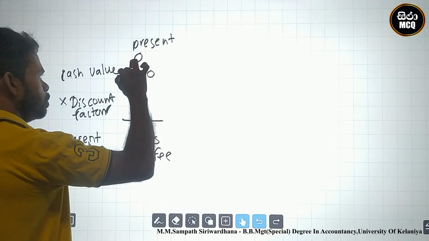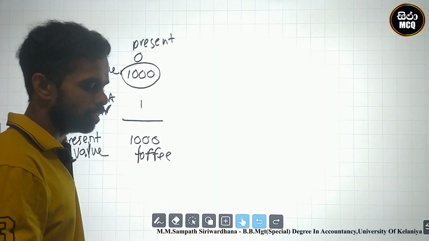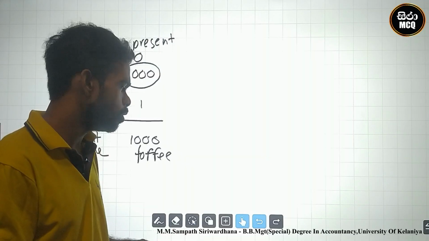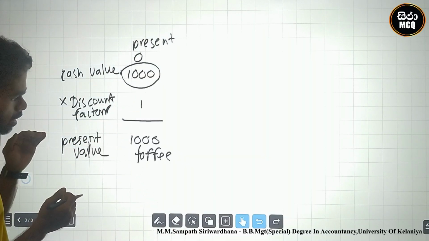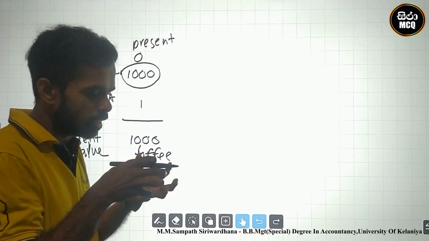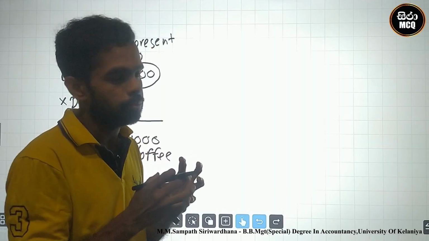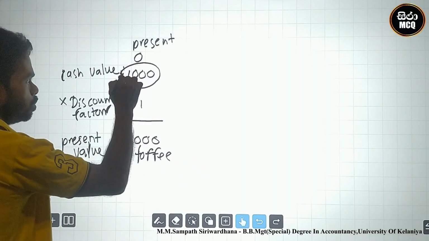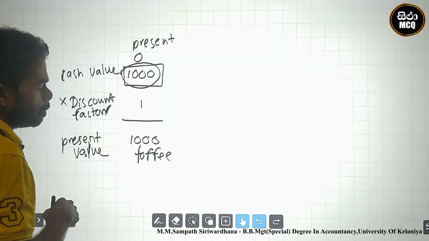At present, you invest 100 rupees, you get 100 rupees, and you can purchase 100 toffees. That is the present value. Present value means the actual internal value. Therefore, if there is 1,000 rupees, you can get 1,000 toffees.